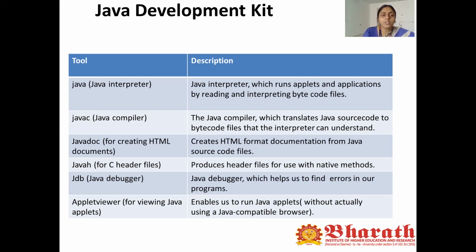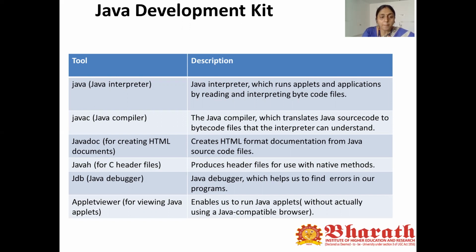And the third tool is Javadoc, for creating HTML documents, where HTML format documentation is created from Java source code files. And javah, which is mainly for producing header files for use with native methods. And next is JDB, that is the Java Debugger, which helps us to find errors in our programs.